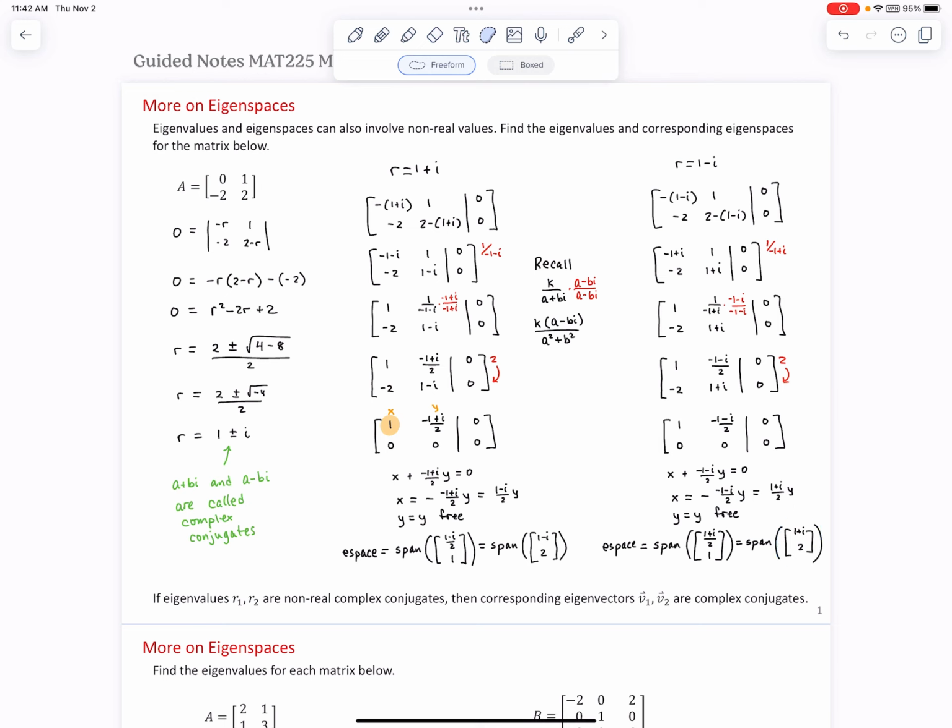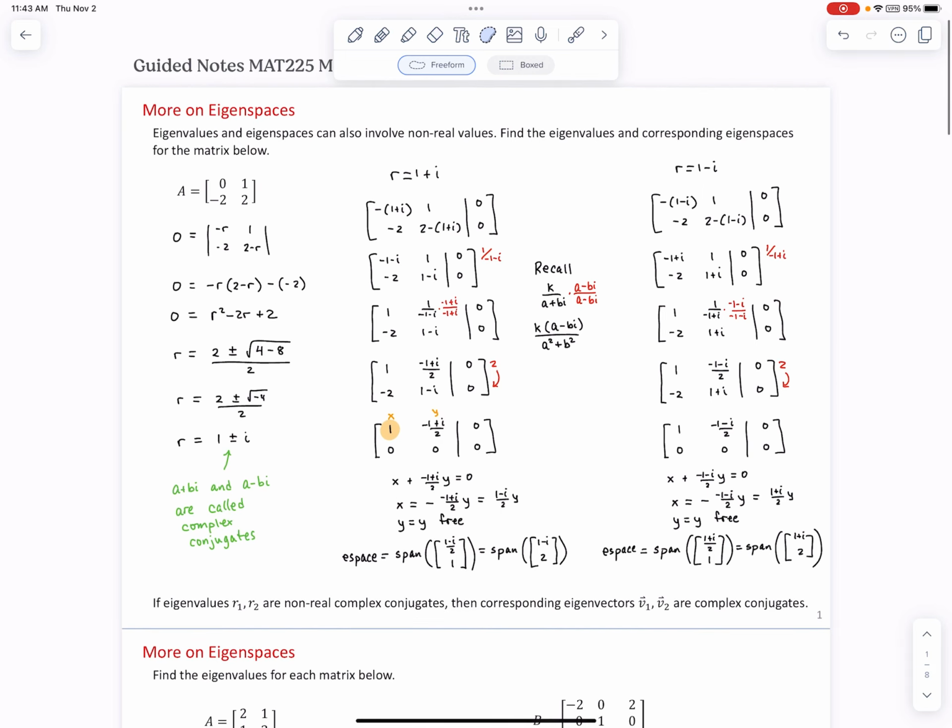And this will be true no matter how large of a matrix A was, 3 by 3, 4 by 4. You will notice that all of your non-real eigenvalues will come in complex conjugate pairs. Okay, let's go to the next slide.